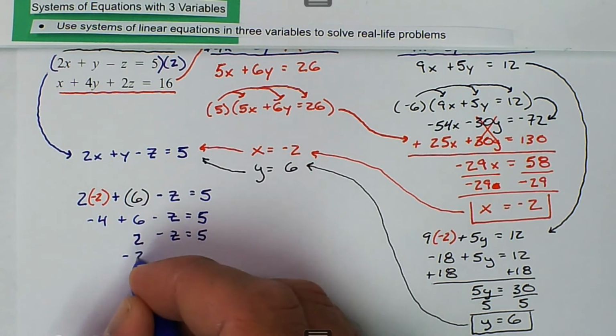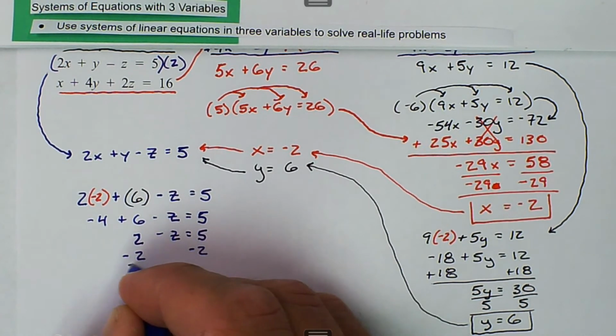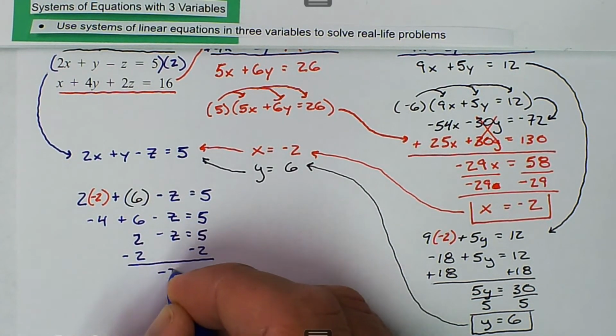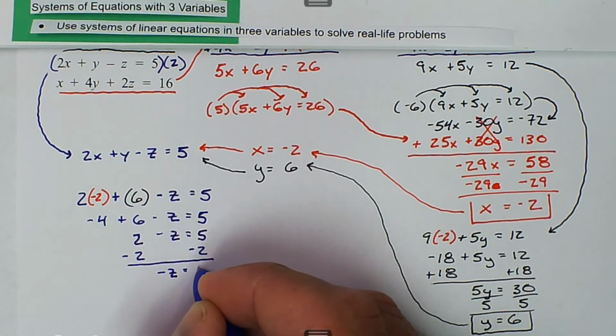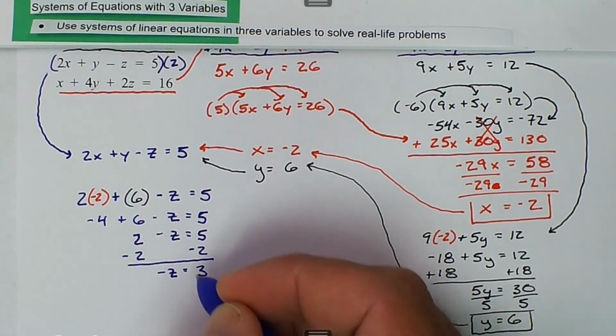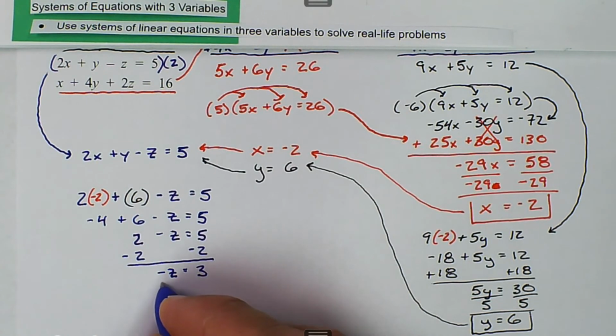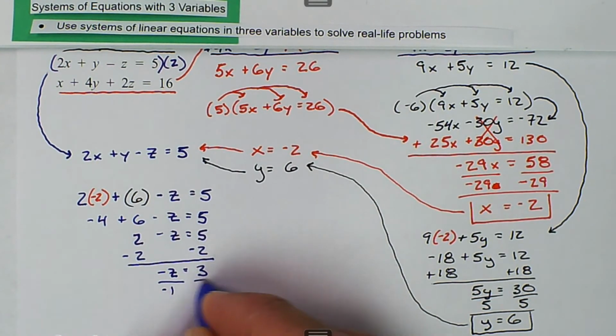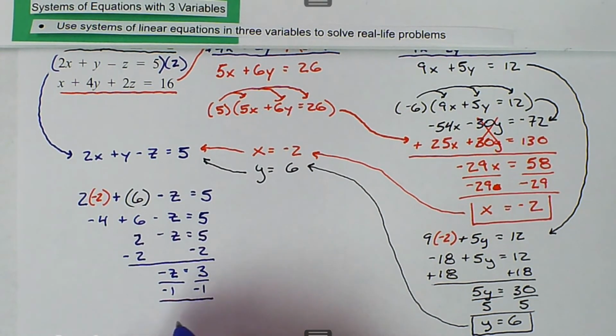And then we can subtract 2 from both sides. -z equals 3. And then we can divide by -1. And then we get z is equal to -3.